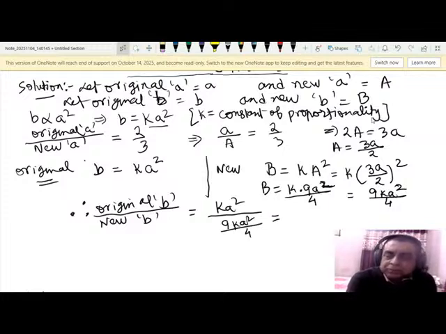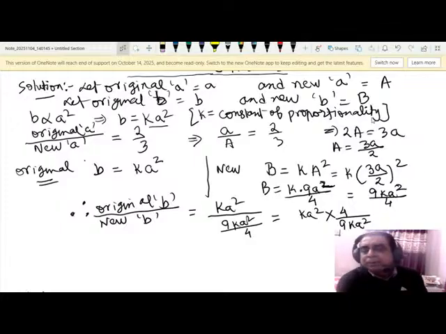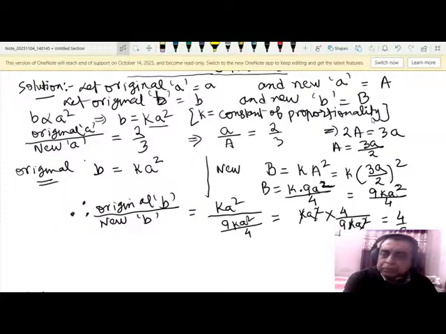When we divide a number by a fraction, write the numerator as it is, change the divide to multiply and write the reciprocal of the denominator. 4 will move on the top and 9Ka squared will remain at the bottom. So cut K from top and bottom, A squared from top and bottom. So original B upon the new B is 4 upon 9.